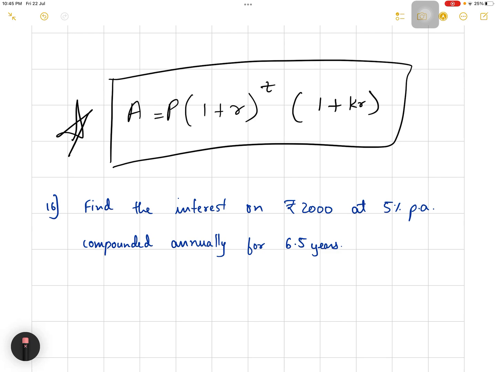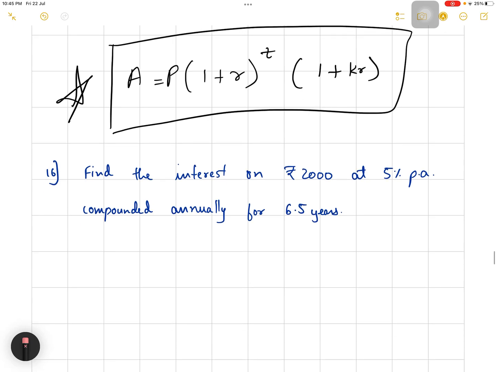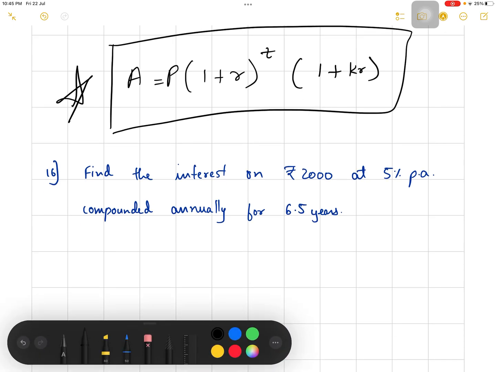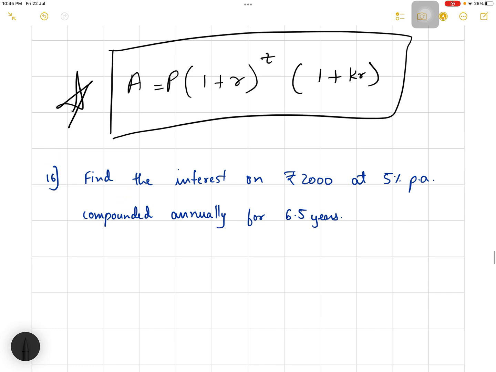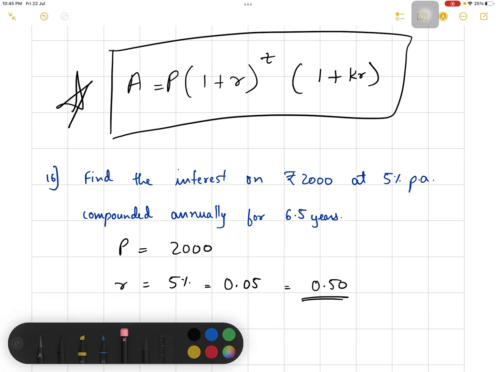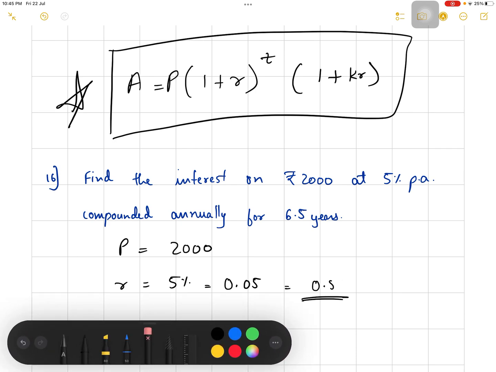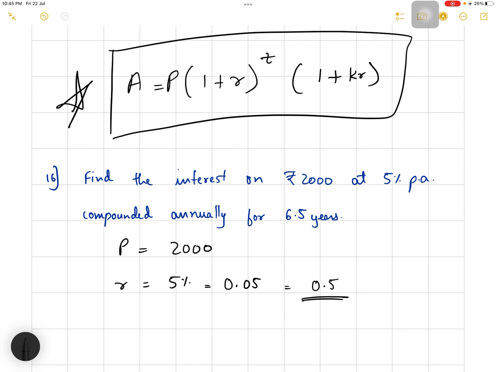So let's calculate. Find the interest on rupees 2000. So that means my P is equal to 2000. R is 5%, which is 0.05. Many students write 0.5 instead of writing 0.05.